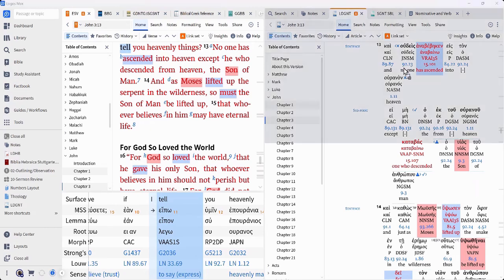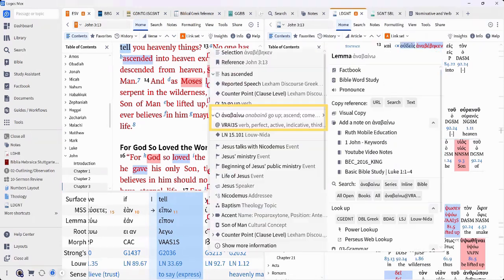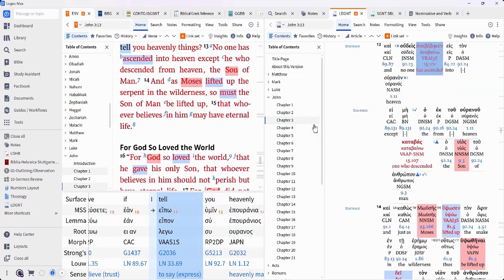It says no one has ascended. Sometimes the subject is embedded into the verb. So this is third person singular, he. It's saying no one has ascended.